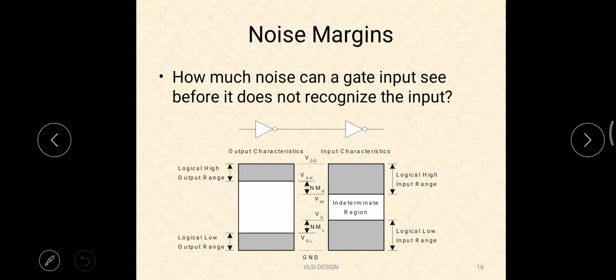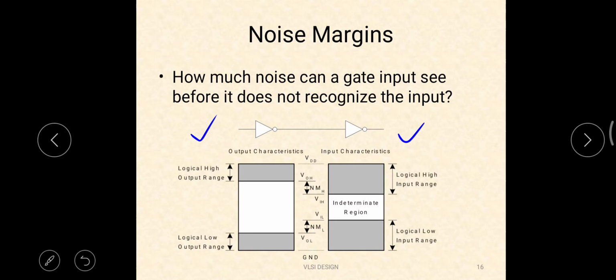This is the input characteristics and this is the output characteristics. They define the maximum value of input and output. There are two types of noise margin, noise margin high and noise margin low, that is NM suffix H and NM suffix L.